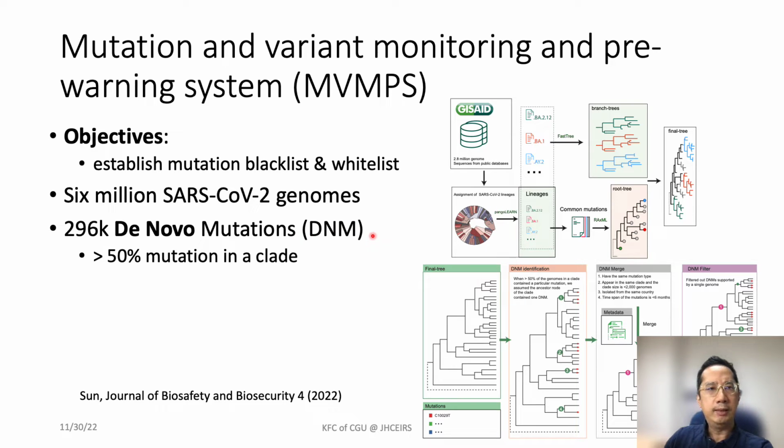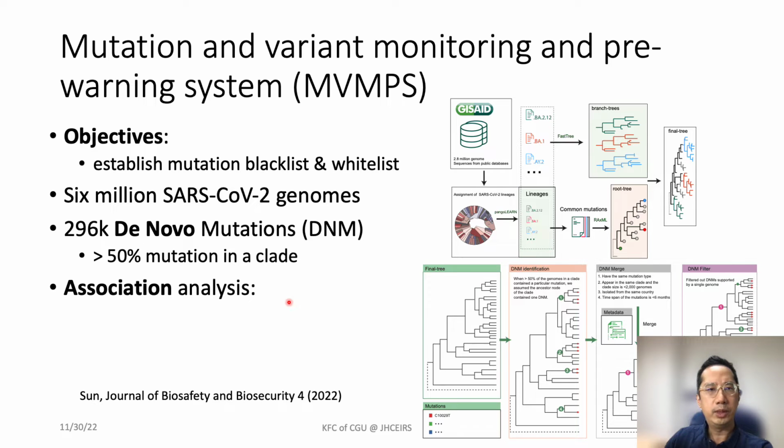Interestingly, they used the term de novo mutation, which stands for a clade with more than 50% mutation in this study. And among the 6 million genomes, they identified 296,000 de novo mutations.